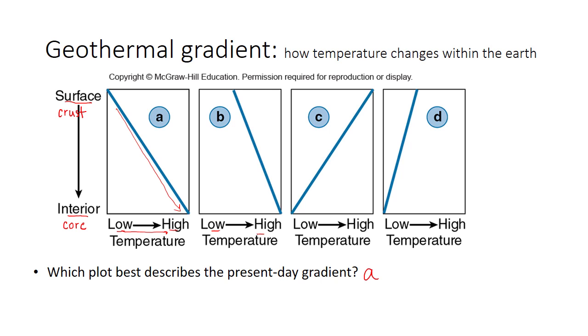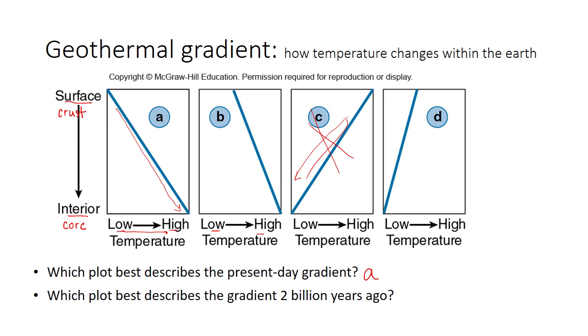Okay, so A is actually a really good answer for this. If you look at the opposite effect over here with C, this is saying that the temperature at the surface of the crust is very high and that it gets colder and colder as you go down. Okay, that doesn't make sense. Cross that one off.